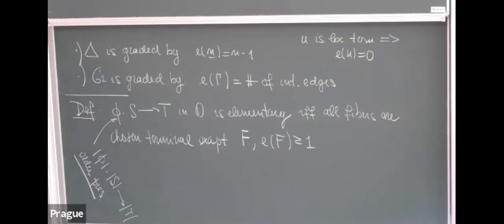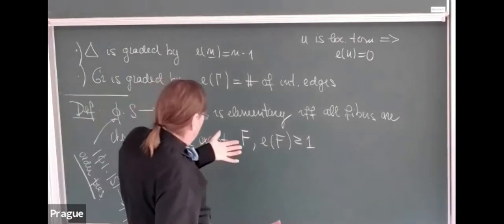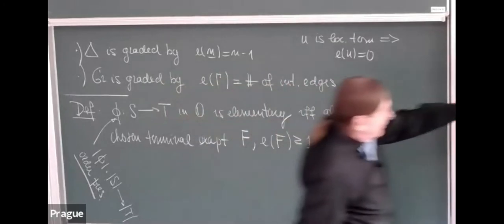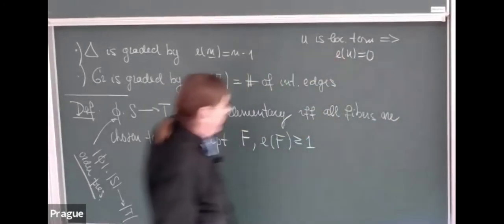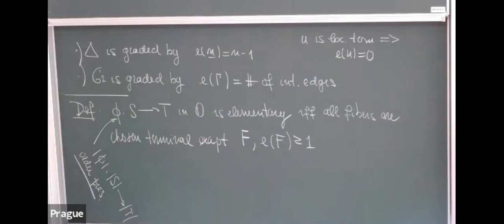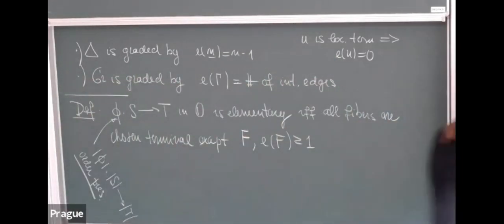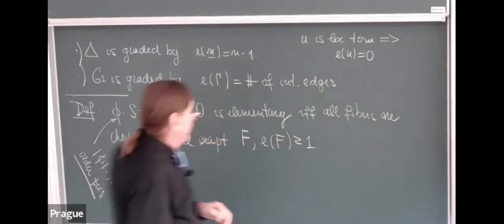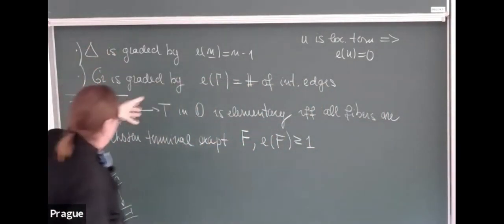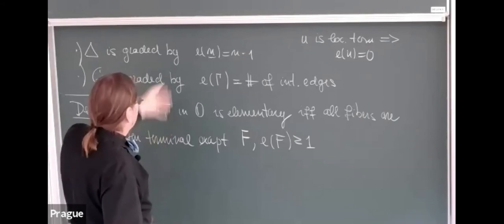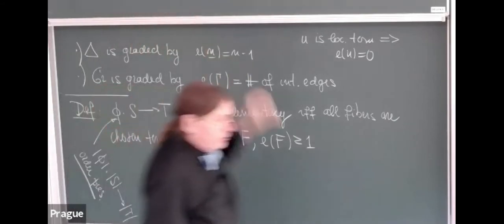At this level of precision, I'm unable to explain why this condition is also necessary. But this property, which follows from the properties of grading, excludes the maps between local terminal objects. So in the category of graphs, it indeed means that my elementary morphism contracts at least one edge of a graph.